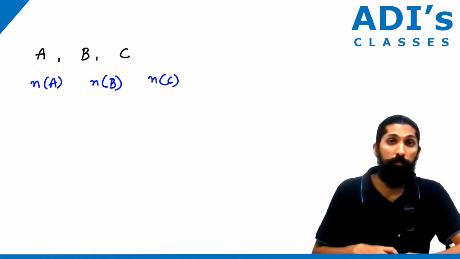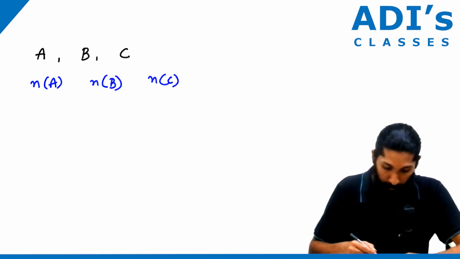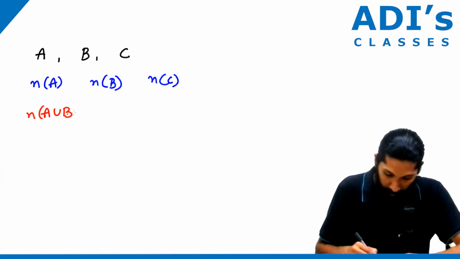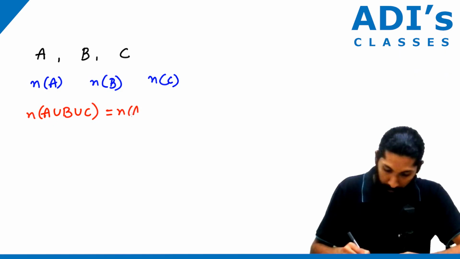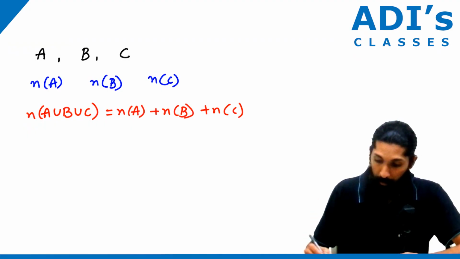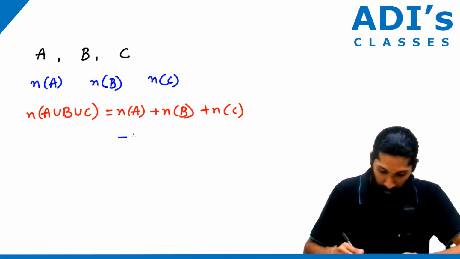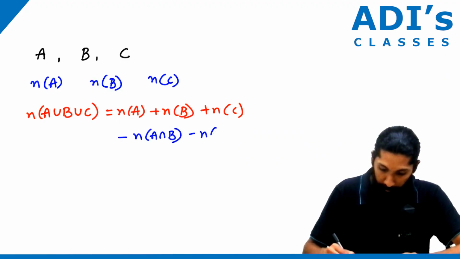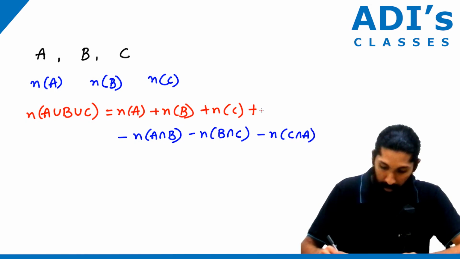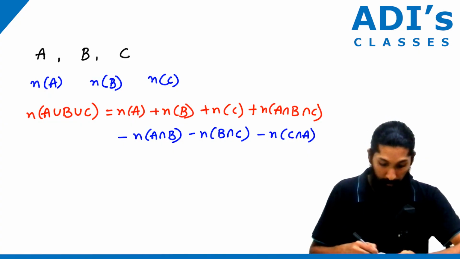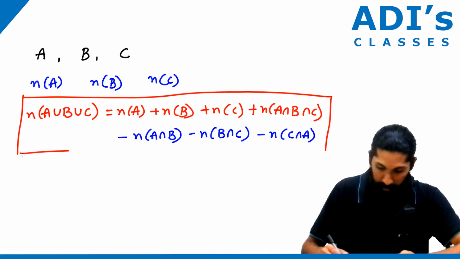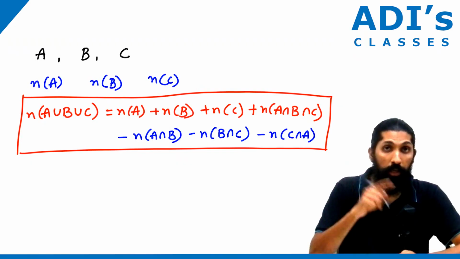The relation is given by this formula: n of A union B union C, the total population, is equal to n of A plus n of B plus n of C, first the individual ones, then minus n of A intersection B, minus n of B intersection C, minus n of C intersection A, then plus n of A intersection B intersection C. This entire formula gives the relation between A, B and C.